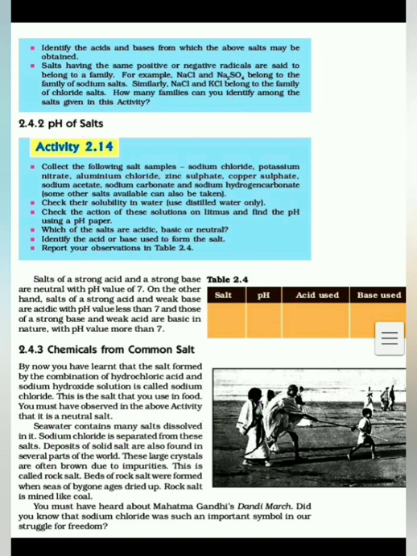So, when strong acid reacts with strong base, it will form a neutral salt, because the quantity of H plus and OH minus ions are equal, which forms water, and the salt will be neutral.